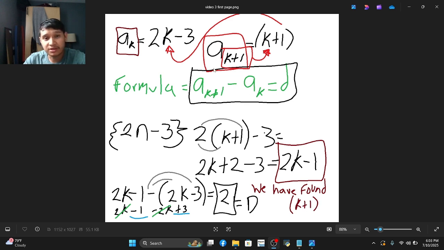So we found not a sub k, but a sub k plus 1. Because a sub k is equal to 2k minus 3, but in that 2k minus 3 we substituted the k by k plus 1. So now we have found the first part of the formula.